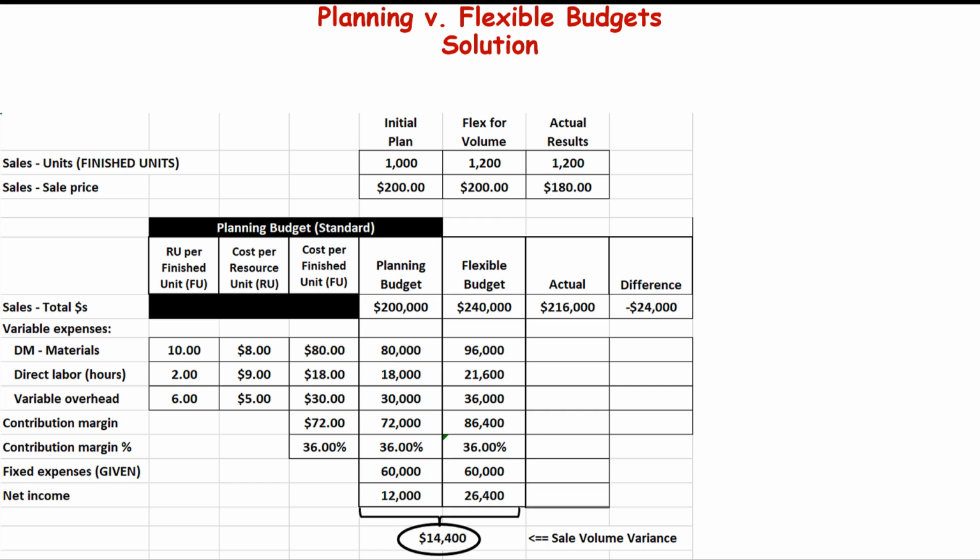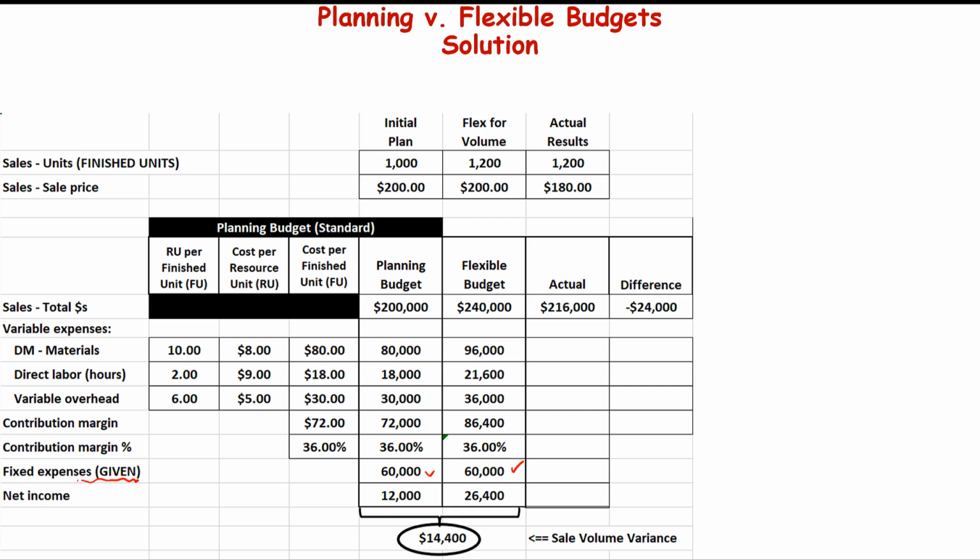Now, one of the things that we haven't touched on very much is that this fixed expense amount is going to be the same for my initial plan and for my flexible budget, because that was an original assumption. So we just carry it forward from the initial plan into the flexible budget.